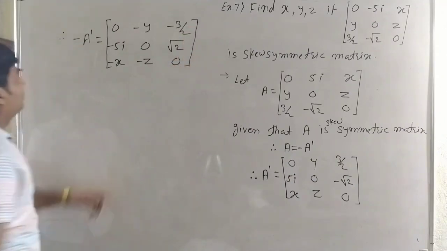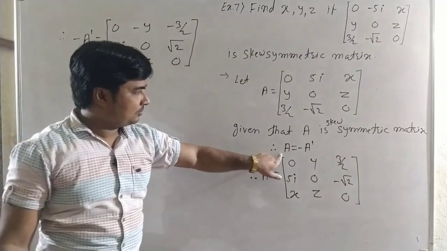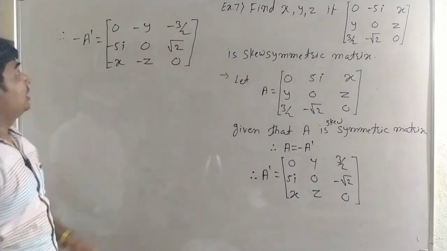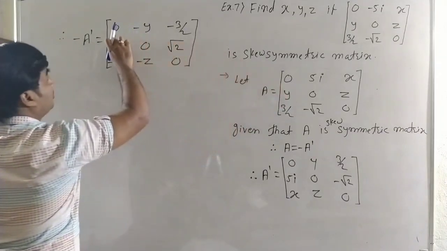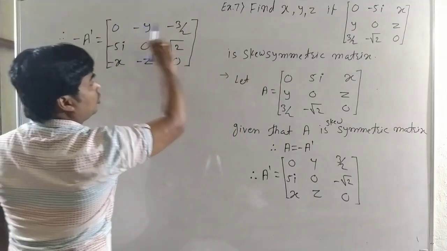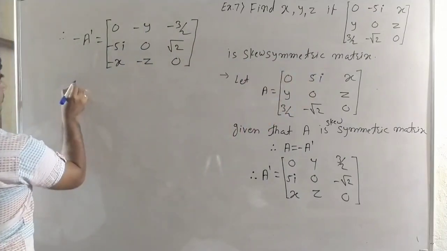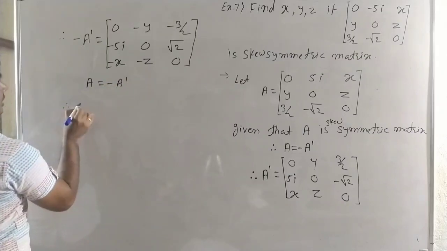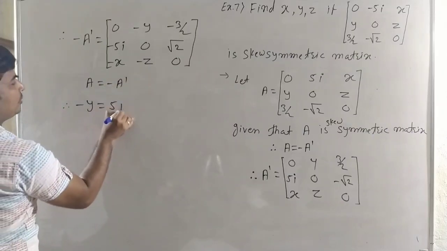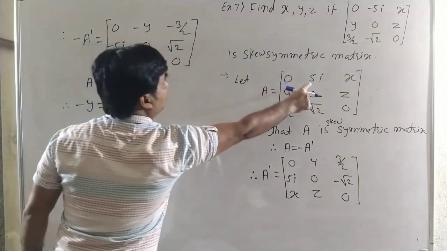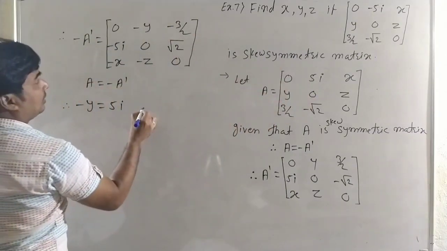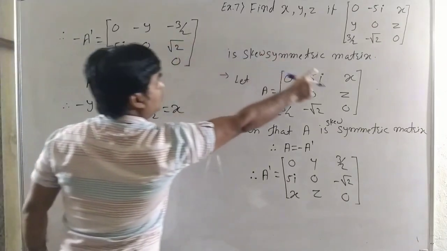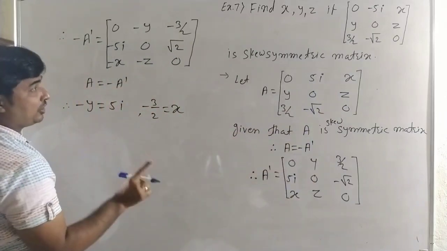Okay, and now minus A dash is equal to A. Now compare these two matrices. First row first column is equal to first row first column, then first row second column is equal to this. Now A is equal to minus A dash, and therefore we can write minus y is equal to 5y, minus 3 by 2 is equal to x, and now we find the value of z.